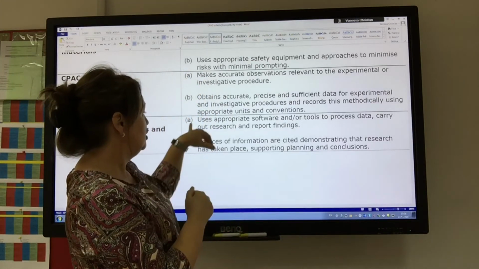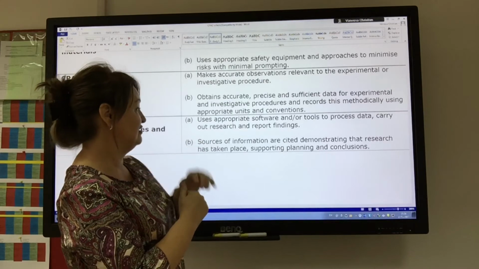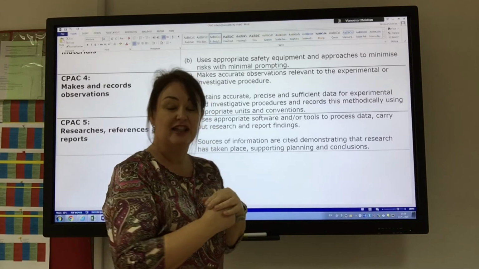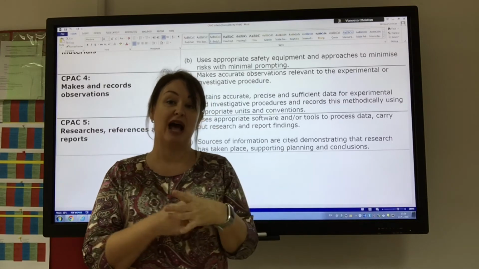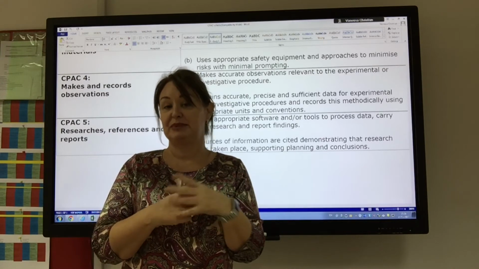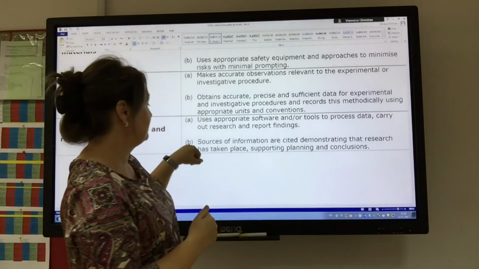Uses appropriate software and tools to process data, carry out research and report findings. So any ICT things that you use, perhaps bar charts, perhaps histograms, perhaps just manipulating your data through software.